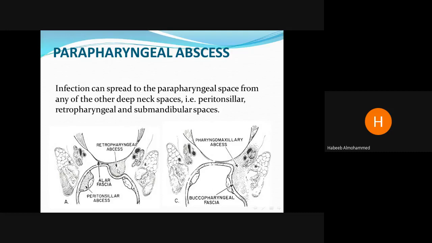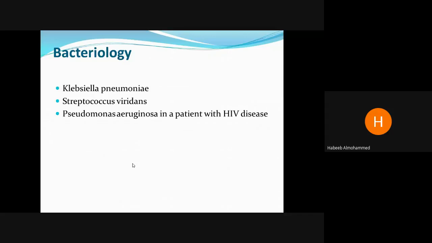And look how close the retropharyngeal space is to the parapharyngeal space. How can you differentiate? By adequate radiological assessment. Causative agents: Klebsiella pneumoniae, Streptococcus viridans, and Pseudomonas aeruginosa, especially in patients with diabetes and HIV disease, AIDS.